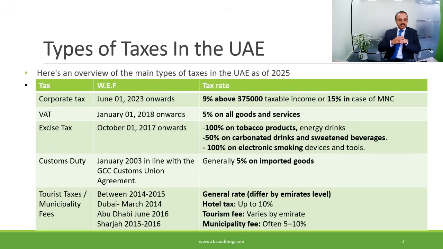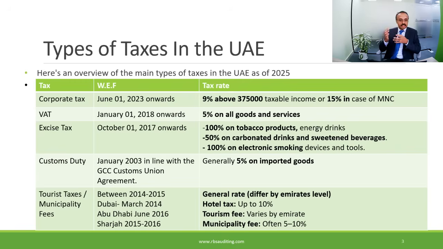And tourist taxes and municipality fees depend on the Emirate, like Dubai, Abu Dhabi, Sharjah or Ras Al Khaimah, at different rates. The effective dates range from 2014 to 2016: Dubai March 2014, Abu Dhabi June 2016, Sharjah 2015 and 2016.